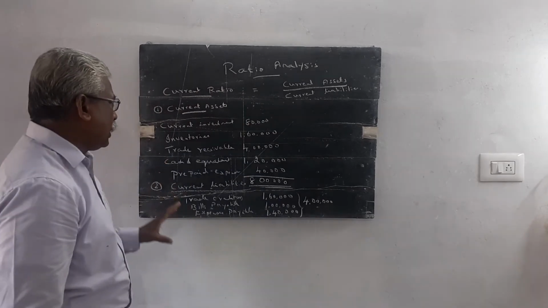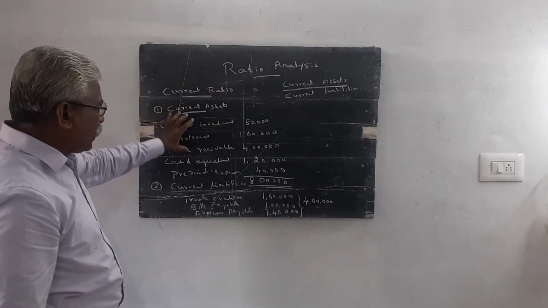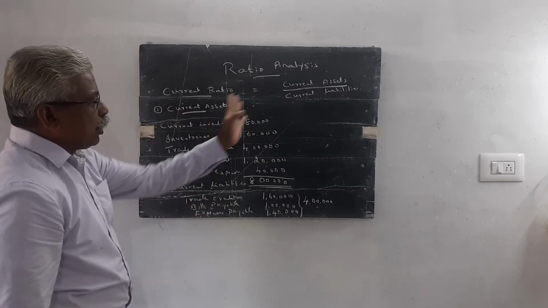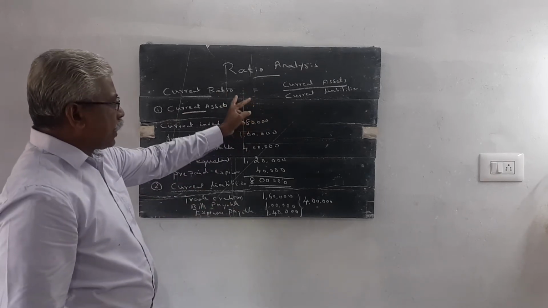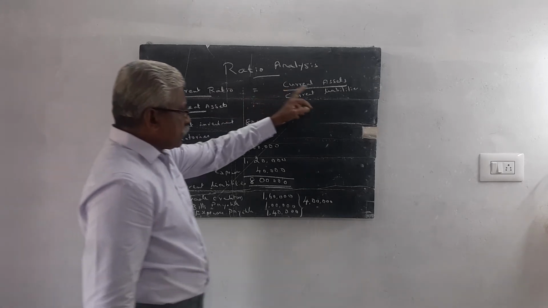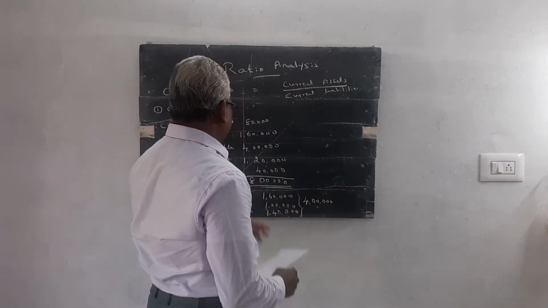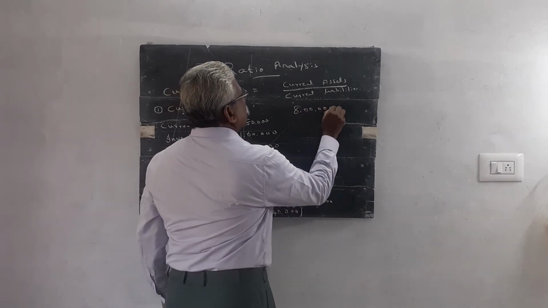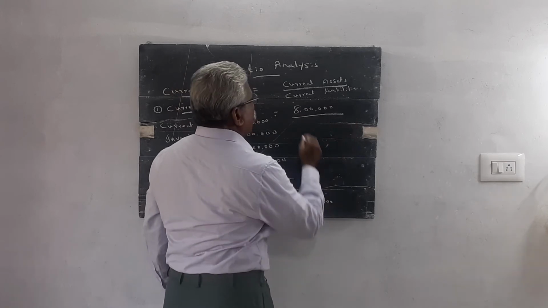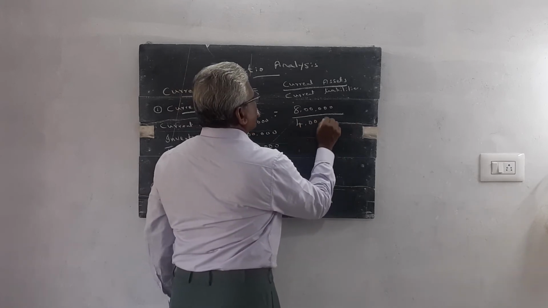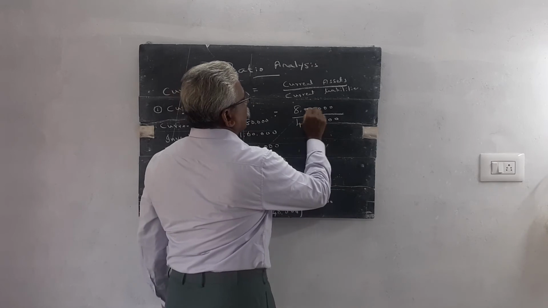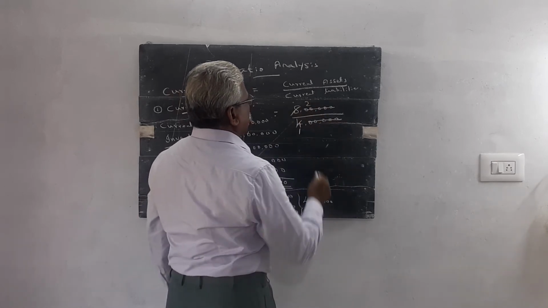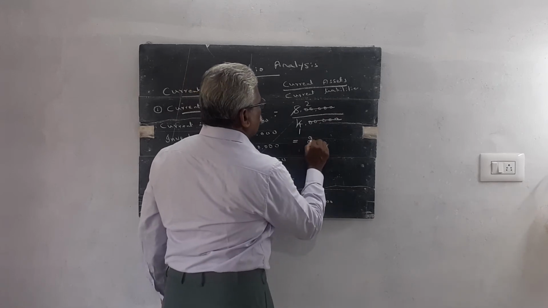In the answer sheet, you write all the current assets first, then all the current liabilities second. Then you write the formula. Current ratio is equal to current asset divided by current liability, which is 8 lakhs divided by 4 lakh. We can cut 5 zeros. 4 twos are 8. So the current ratio is equal to 2:1.